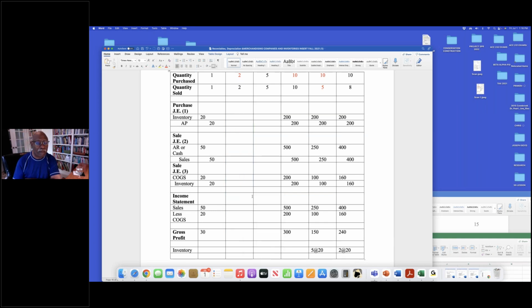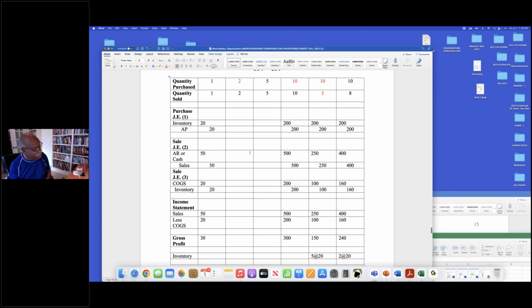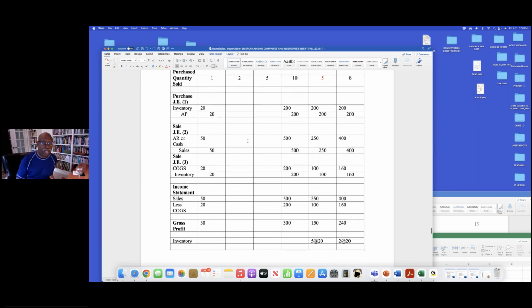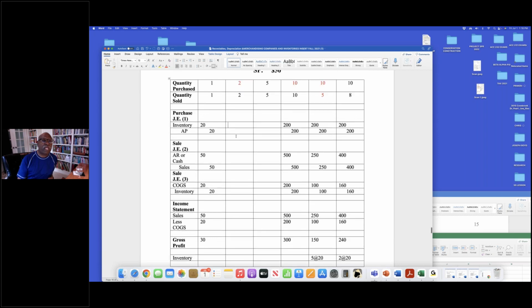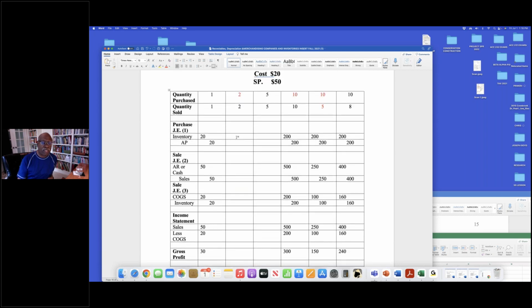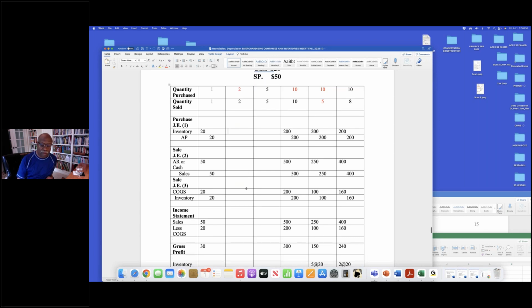Right. So I want you all to work on situation two now. It's going to look kind of like this. If you sold two pairs of shoes, I want all of y'all to go through the scenario of buying two pairs of shoes and then selling two pairs of shoes and completing the income statement to get the gross profit.